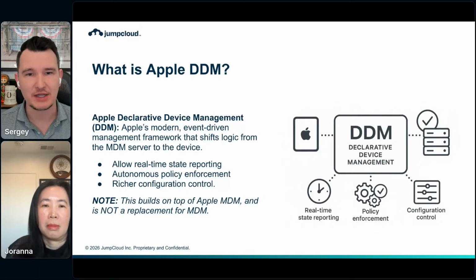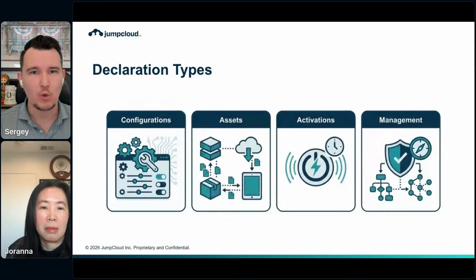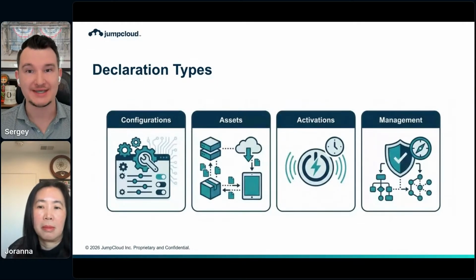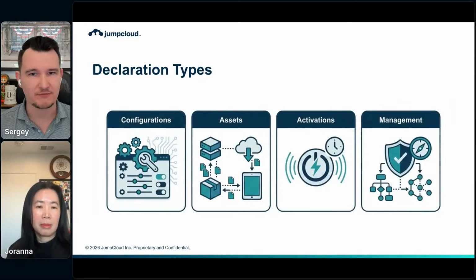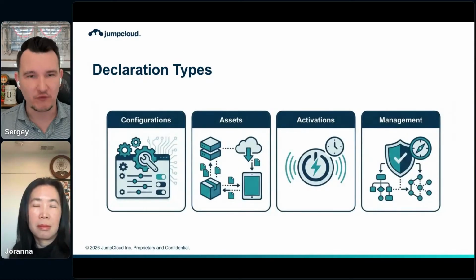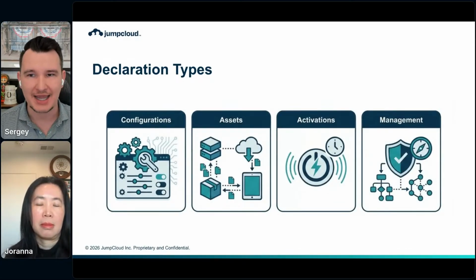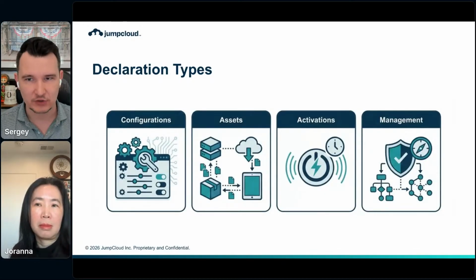So, really excited to talk about this. Let's go on to the next slide and break out some of the more technical pieces associated with it. With DDM, or declarative device management, there are four types of declarations. The first declaration is a configuration. You may find it very similar to an existing Apple MDM profile payload. Configurations represent policies being applied to the device, for example, configuring an account, settings, or a Wi-Fi restriction.